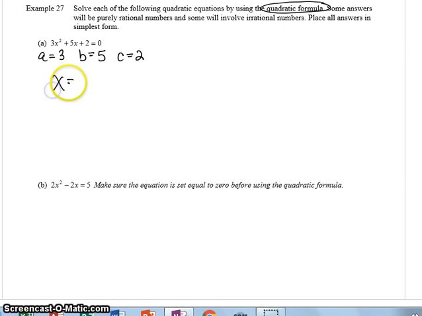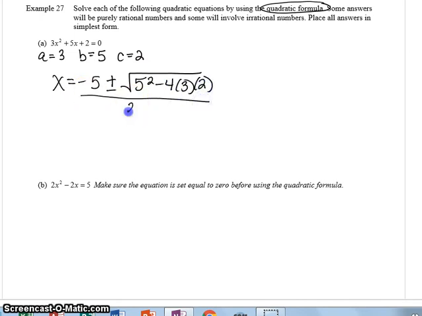So x equals the opposite of b plus or minus the square root of b squared minus 4 times the a times the c all over 2 times a. Okay, so just continuing, simplifying that a little more, and I'm going to end up with negative 5 plus or minus 25 minus 24 all over 6.